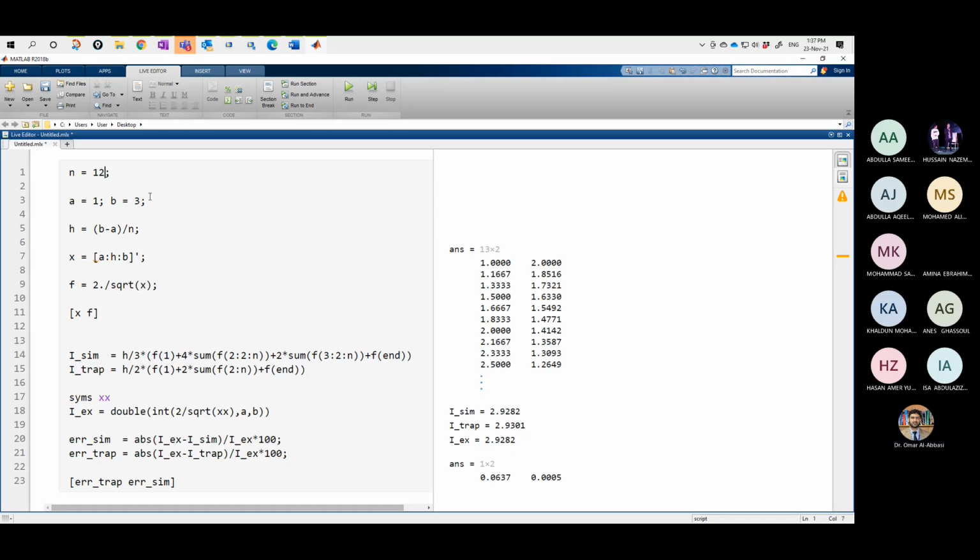And so on. With 1,000, you can see that the error is less than 10 to the minus 5. Is that clear, guys?